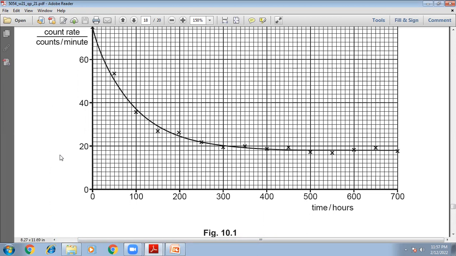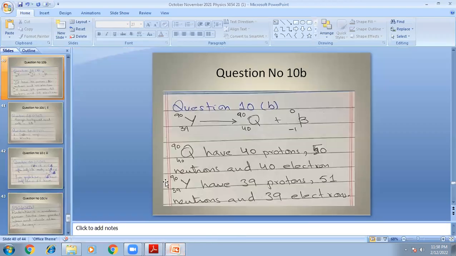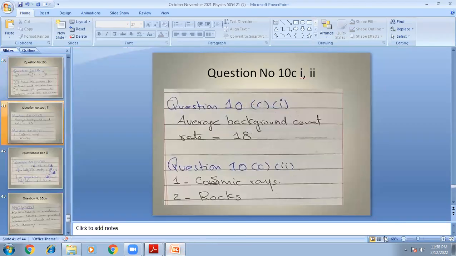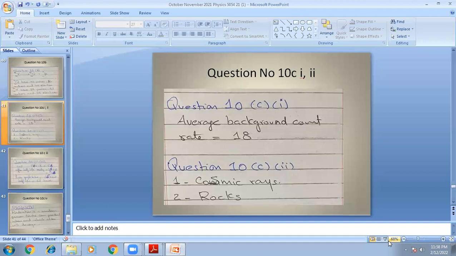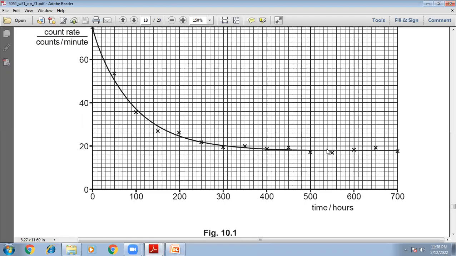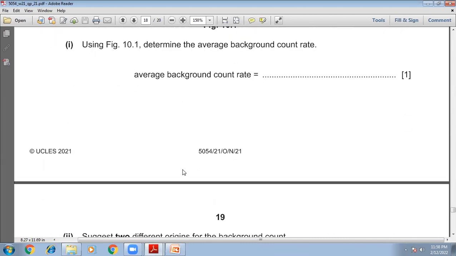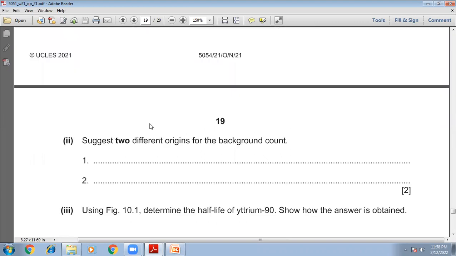So it means that the background radiation is 18 basically. So let me show you. Here we go. So the average background count rate is 18. So this answer is coming from the graph.